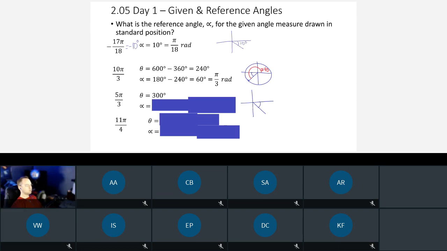The degree given is from here all the way to here, and that degree is 300 degrees. Just looking at it visually, it should be pretty easy to see that that blue angle is going to be 360 minus the 300. And that's what the formula says too from that lesson. And that's how we get 60 degrees again.